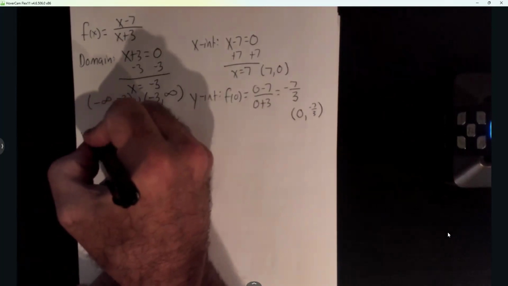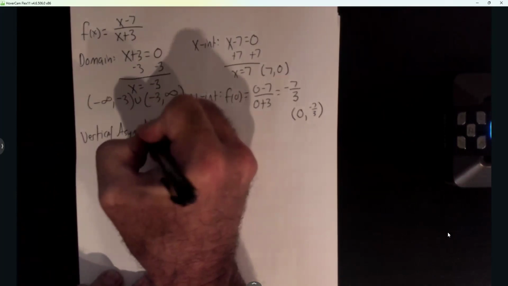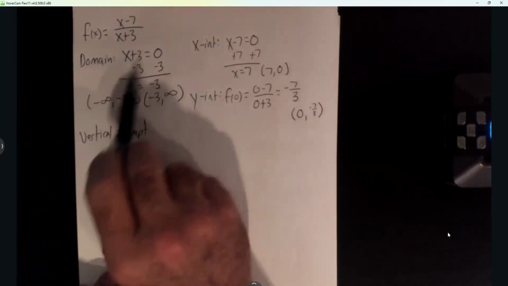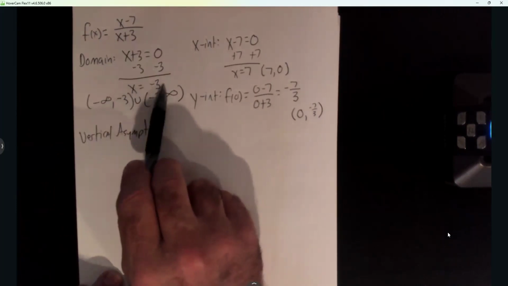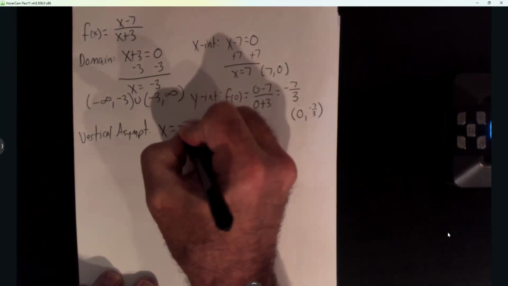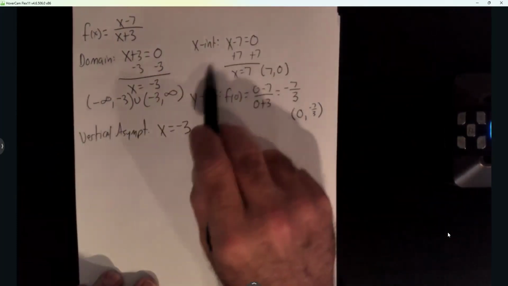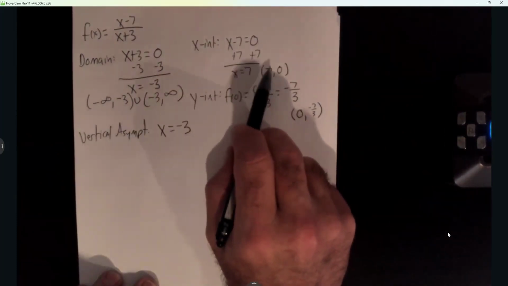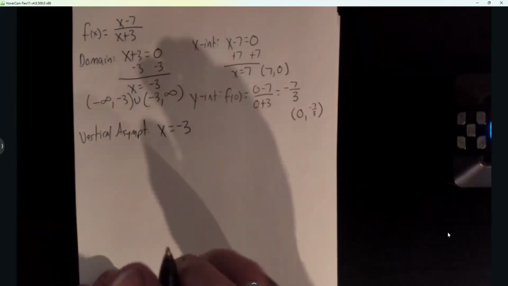All right, vertical asymptote. Well, I find those the same way I found my domain. So if it's undefined at -3, that means my vertical asymptote would be x equals -3. See, nothing cancels this time because the top had numbers different than the bottom, okay? What's left?